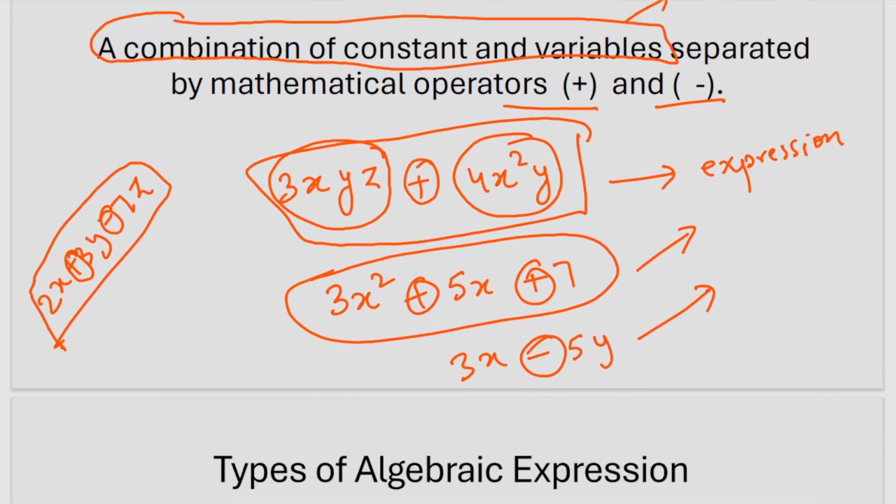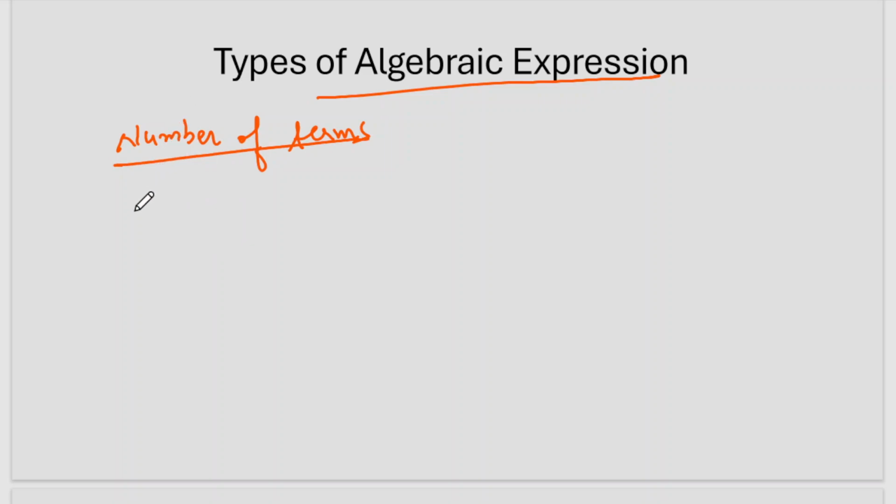Now, what are the types of algebraic expression? On the basis of the number of terms in any expression, there can be an algebraic expression where you have only one term.